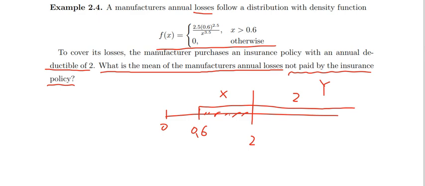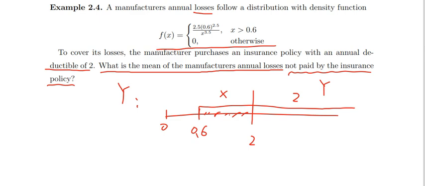So below the deductible, insurance will not pay X, depending on the damage. So Y is equal to X when X is between 0.6 and 2, or Y equals 2 when X is larger than 2.